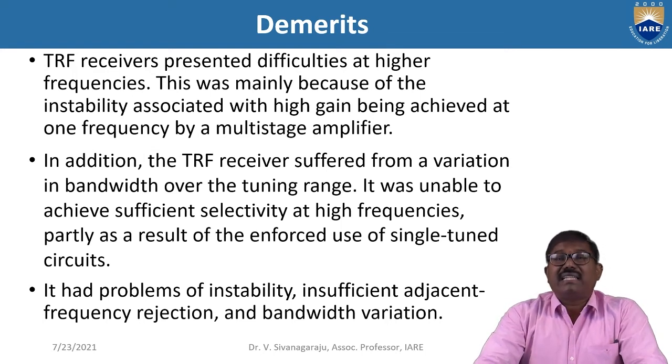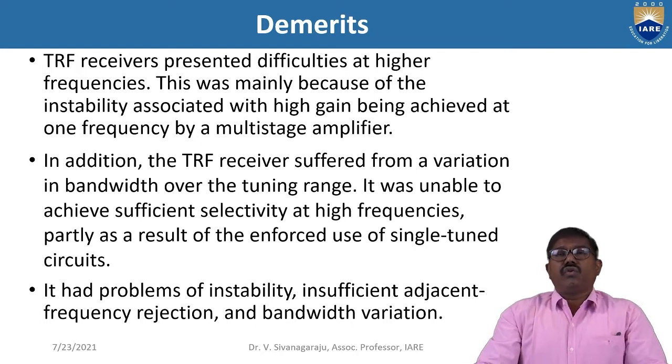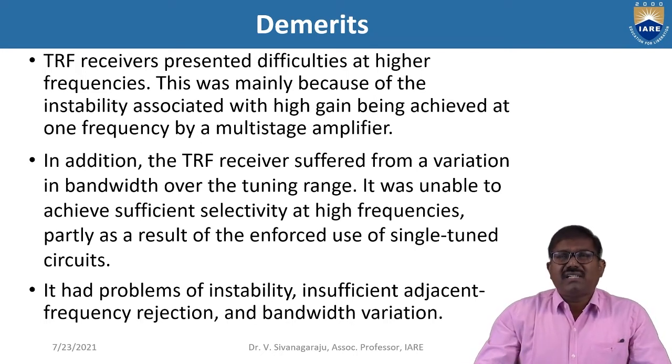That is selectivity. It has very poor selectivity. And there are other problems, that is instability, insufficient adjacent frequency rejection, and bandwidth variation. All these demerits reduce the performance of this TRF receiver. So we are moving to the super heterodyne receiver.